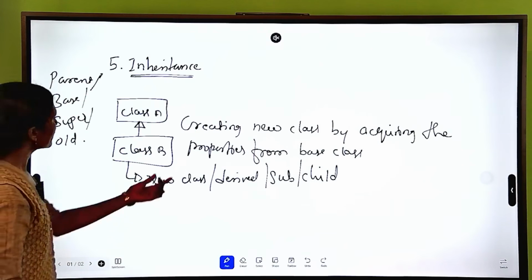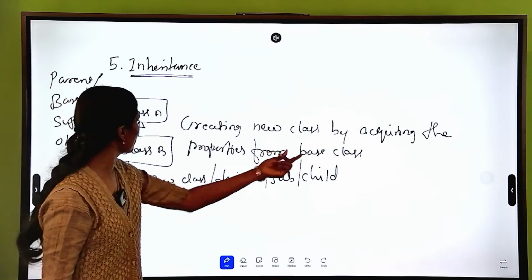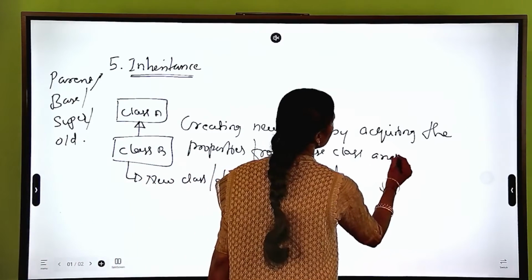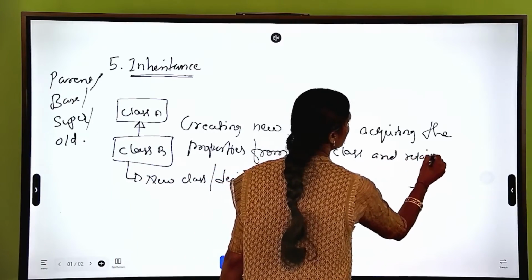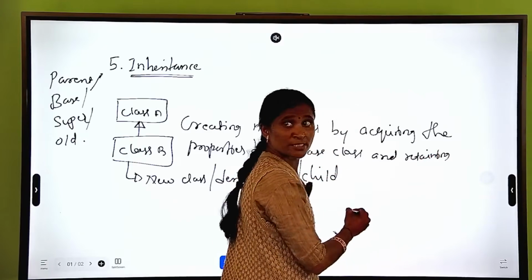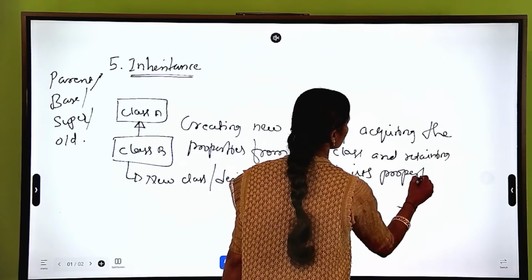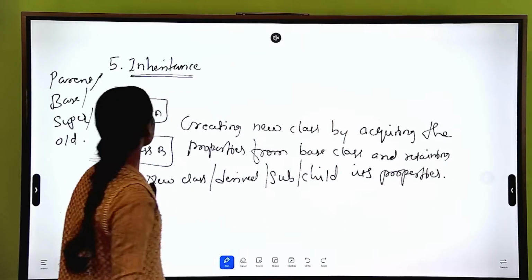So here we are creating a new class by acquiring the properties from the base class and retaining its own properties. This is very much important: retaining its properties. This is called inheritance.